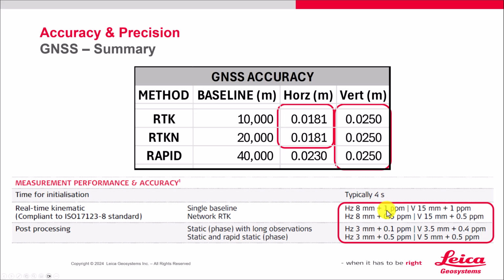That horizontal parts per million is 1, and the horizontal of the network RTK is 0.5, 1 and 0.5 here. And then static with long versus rapid static, of course, we've got 0.1 parts per million starting at 3 millimeters and 3.5 with 0.4. So it's because of these numbers here that we end up with these same numbers up here.